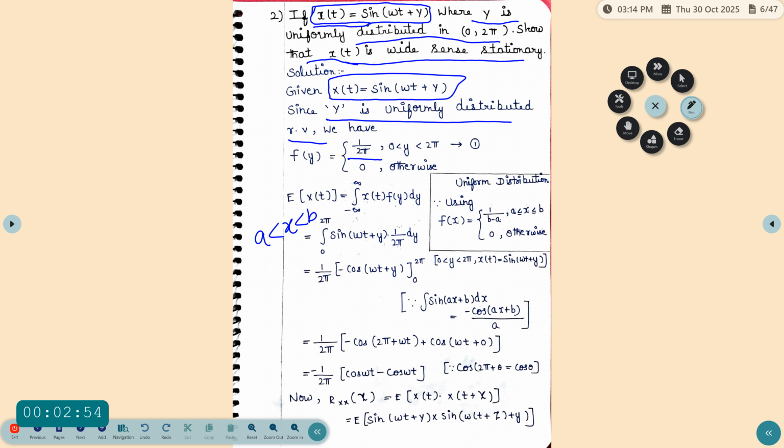If a < x < b or a ≤ x ≤ b, we can write f(x) = 1/(b − a). Suppose if another limit exists, the function f(x) may be 0.